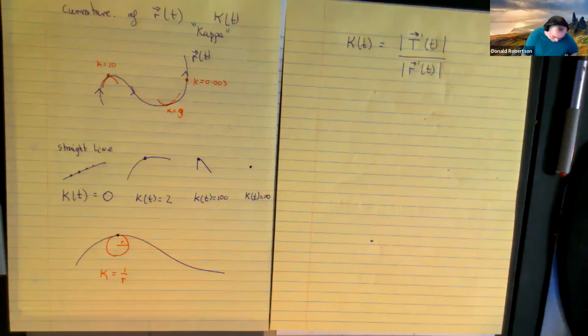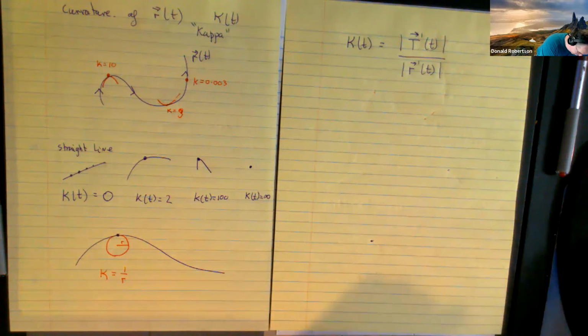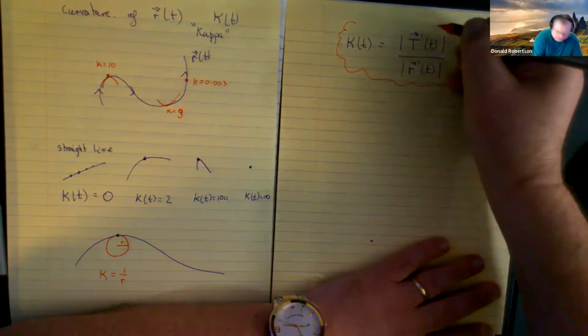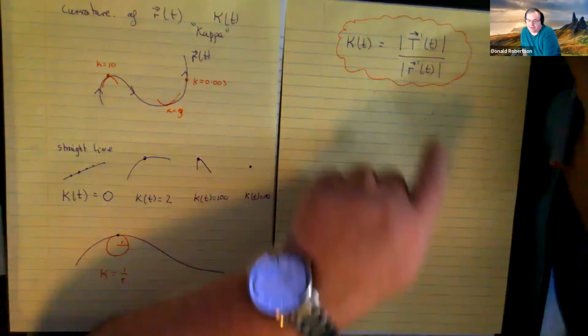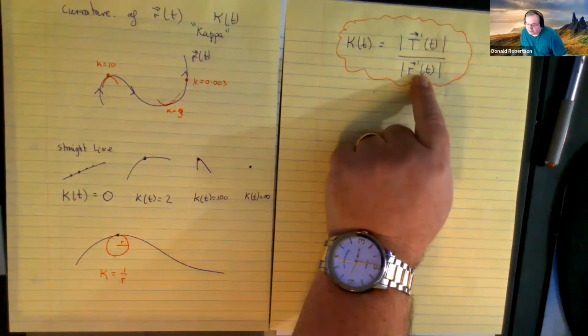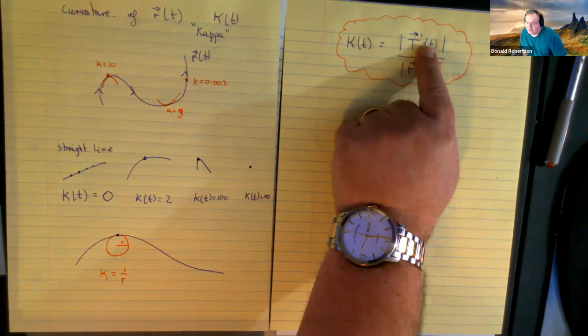Not at all obvious, and I'm not even going to try to justify it, but can you just trust me that that'll tell you the curvature of a space curve? It uses guys we know. Don't we know how to find the derivative and then its magnitude? Don't we know how to get the unit tangent? Differentiate that guy and get its magnitude. Great.